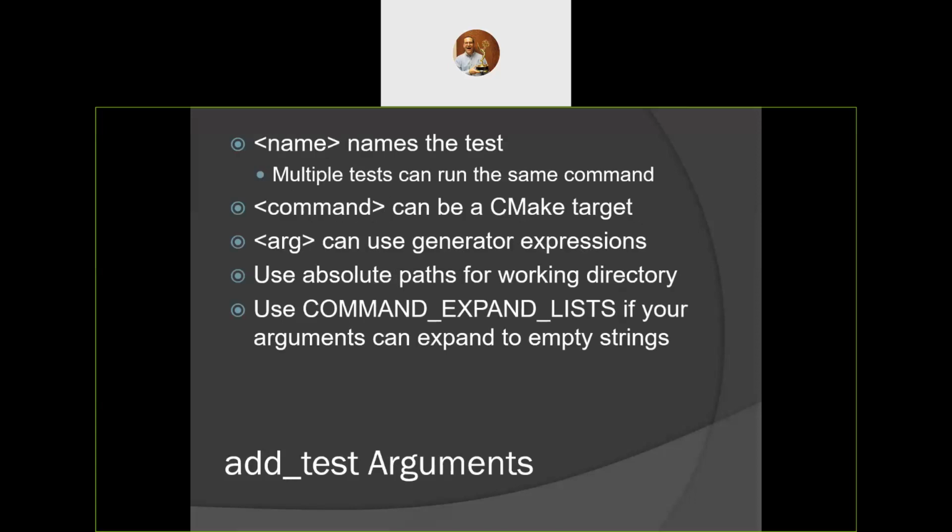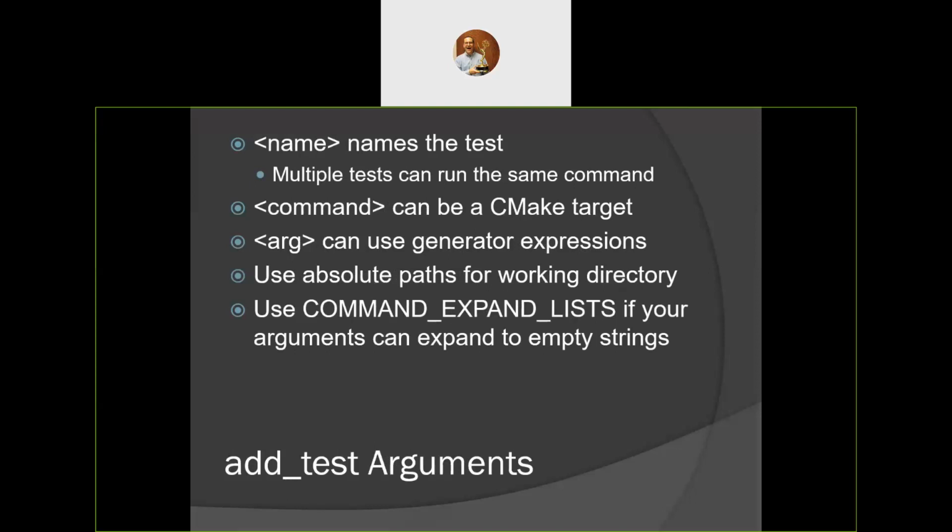So as I said, the command can be a CMake target, and you don't have to have a one-to-one correspondence between the test name and the command. For instance, you can run the same executable with differing arguments as different test cases that are added.